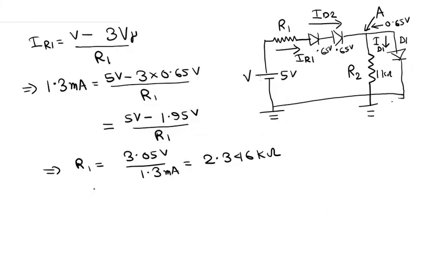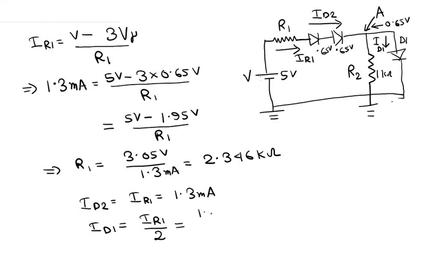So ID2 is equal to IR1, which is 1.3 milliamps, and ID1 is equal to IR1 divided by 2, because half of the current also flows through this resistor over here, which is equal to 1.3 milliamps by 2, equal to 0.65 milliamps. So these three are basically the answers.